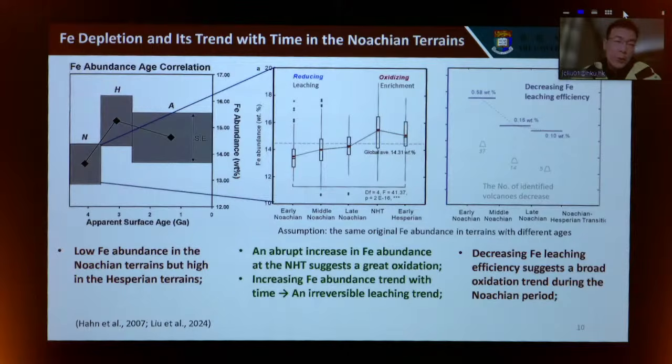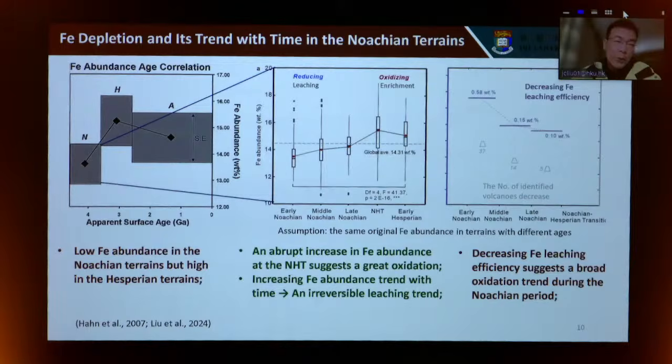We can see the iron in all of these epochs is below the global average, and the concentration increased gradually with time. The iron abundance is very high at the surface of the Noachian-Hesperian transition epoch. It may suggest a strong oxidizing event, which caused the oxidative enrichment of iron.